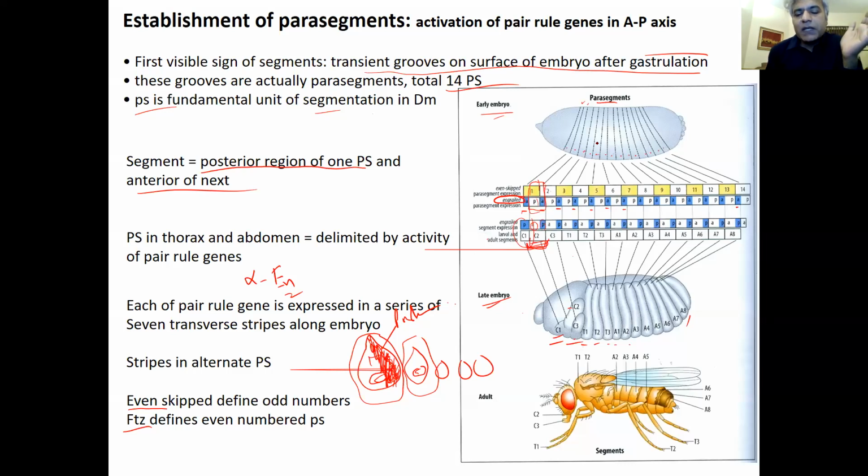All the odd stripes will show staining of even skipped. As the word suggests, if you have a mutant in even skipped, all the odd stripes are gone, and you will be left with just 7 stripes. So even numbers are gone.